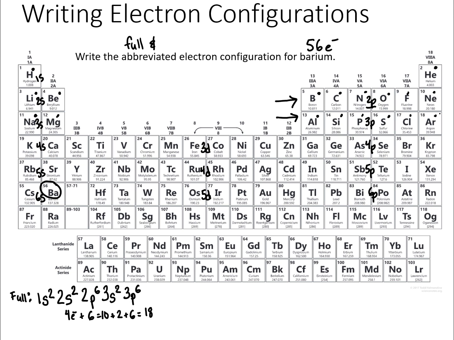Notice that where I stopped, so where our configuration stopped, we have 18 electrons accounted for. The atomic number of the element that we've stopped on the periodic table also has 18 protons and 18 electrons. So that's a good way to check and make sure that your math is right if you're adding things up as you go along.